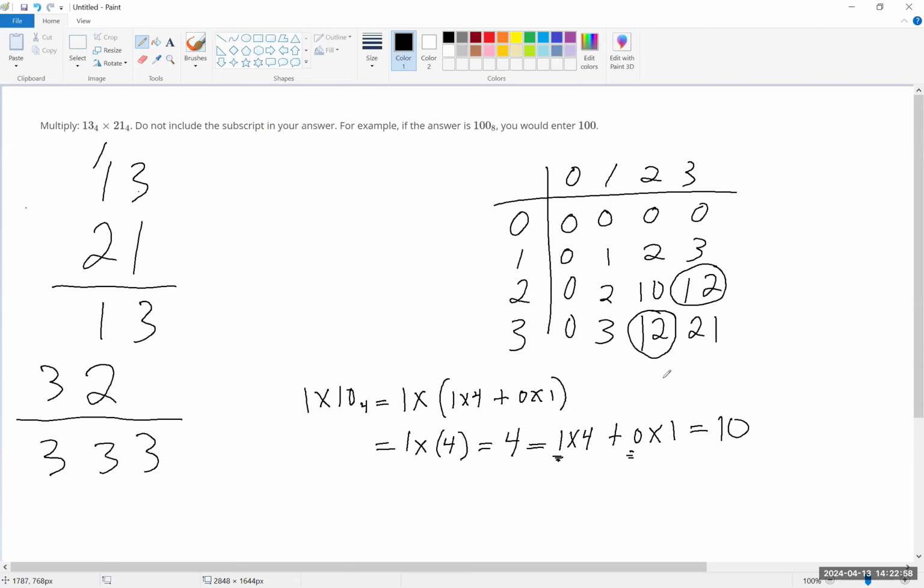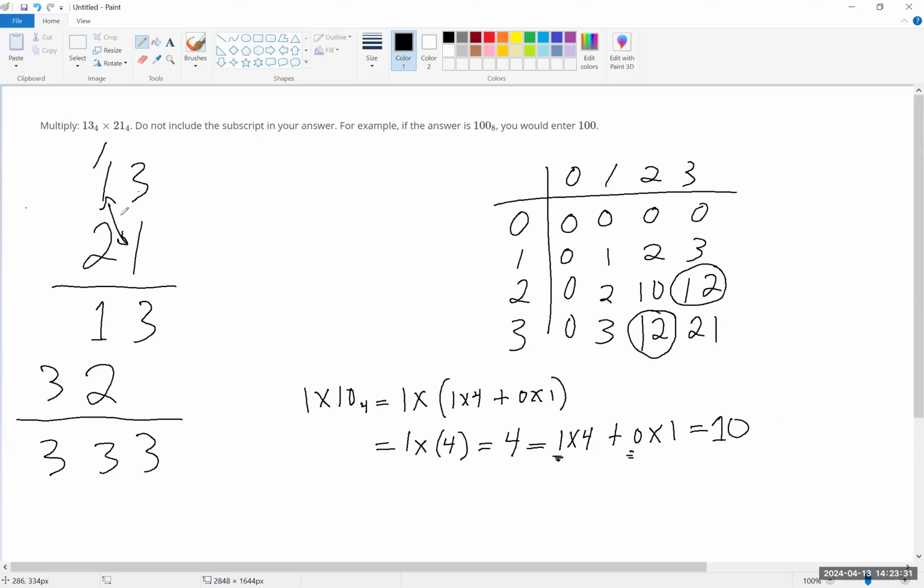So that is one explanation for why when we multiply these two, you get a 1 here. It's not really a 1. It's a 1, 0, it's a 10.